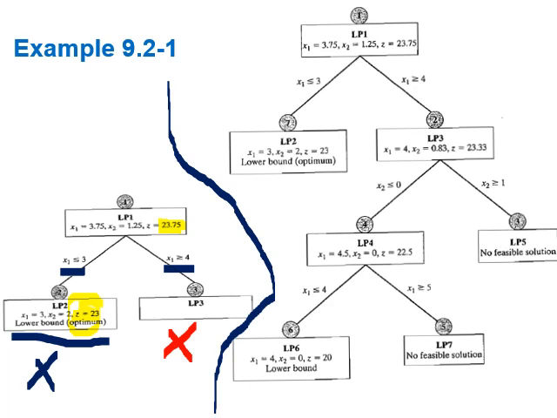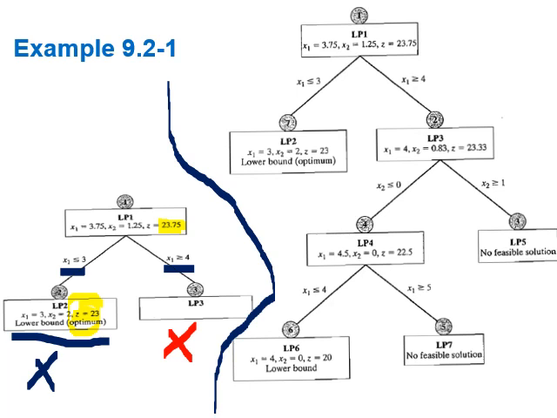But on the other hand, alternatively, instead of selecting LP2, if we select LP3, then we need to continue with LP4 and LP5, then LP6 and LP7, and then return back to LP2. And after that we stop. And you see the whole procedure takes longer, a lot of steps.